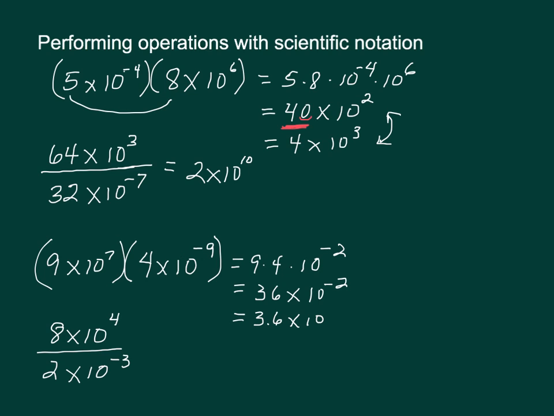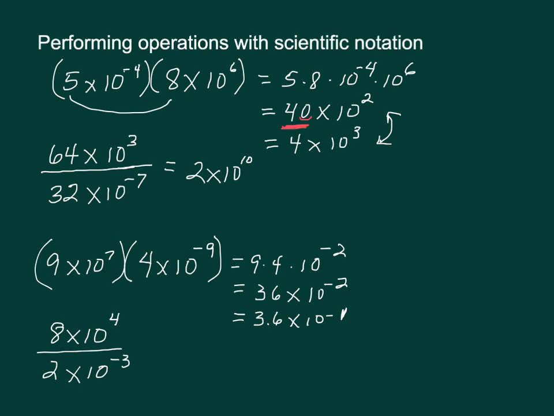Remember, when you add 1 to it, you get a negative 1. So ultimately, this is our answer, 3.6 times 10 to the negative 1.